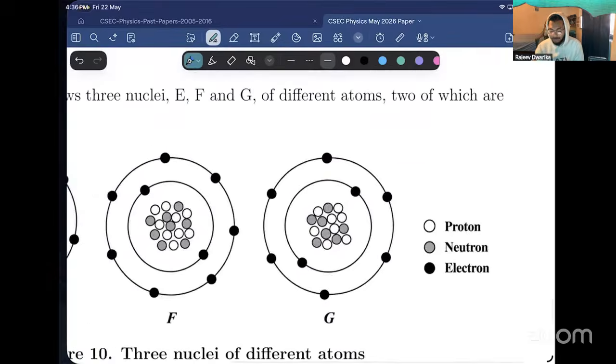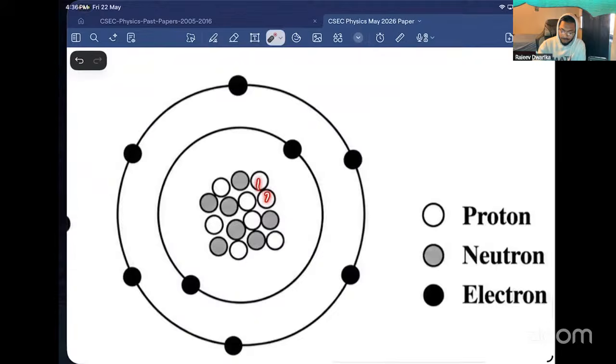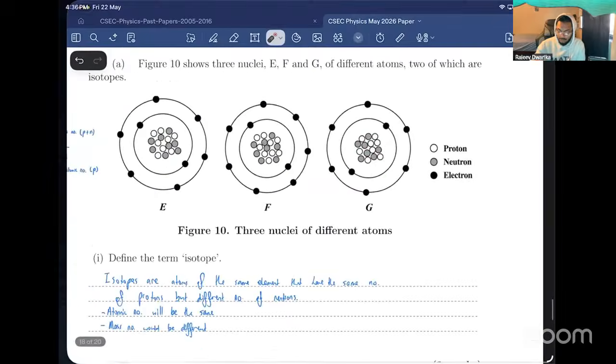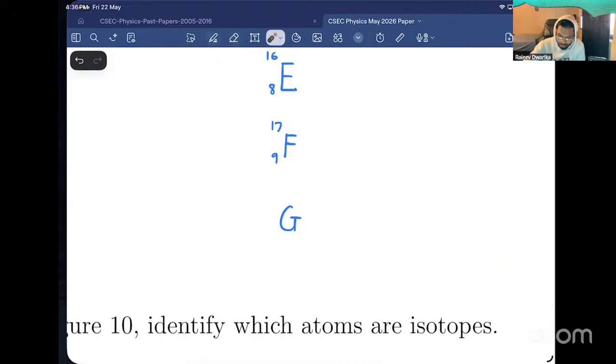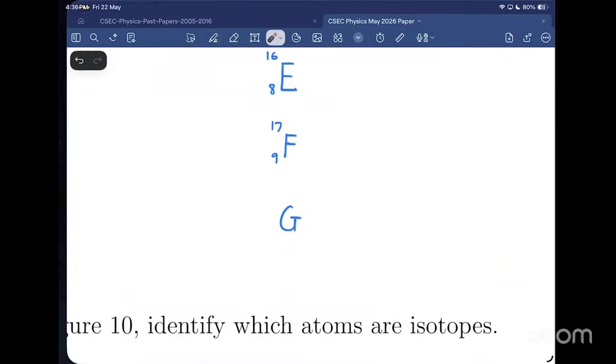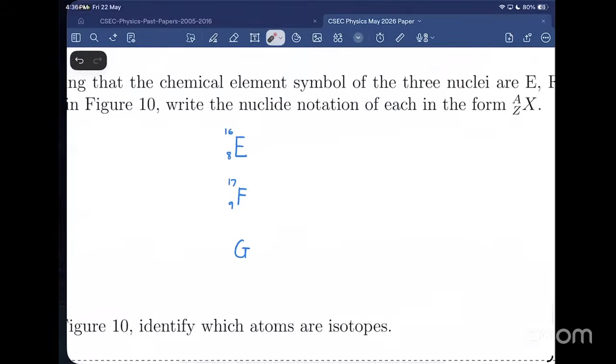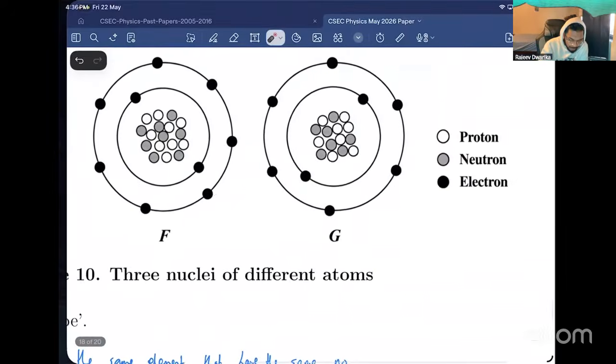And G, how much protons and neutrons do we have? 1, 2, 3, 4, 5, 6, 7, 8. 15. Okay, that's 15. Yes, sir. And the bottom half is 8. Wait, I'll get 15, right? Let me make sure Claude didn't make a mistake.